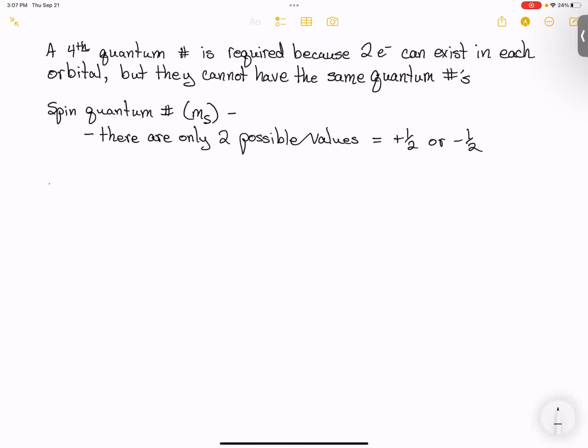Well, one way is that the period number is related to the principal quantum number. It's not always the same thing, but there is a relationship.